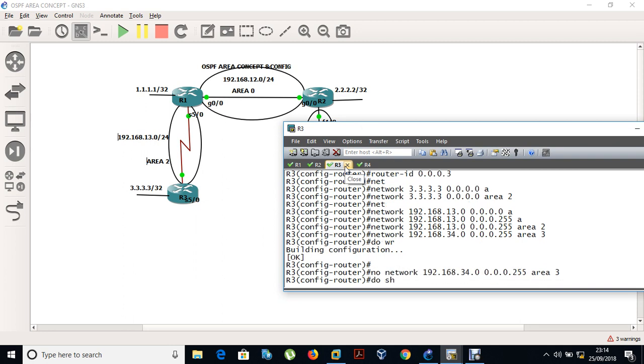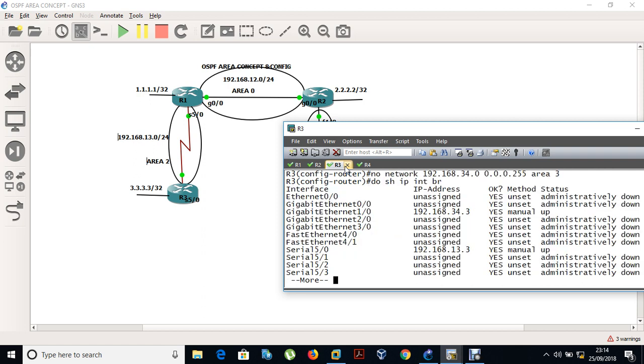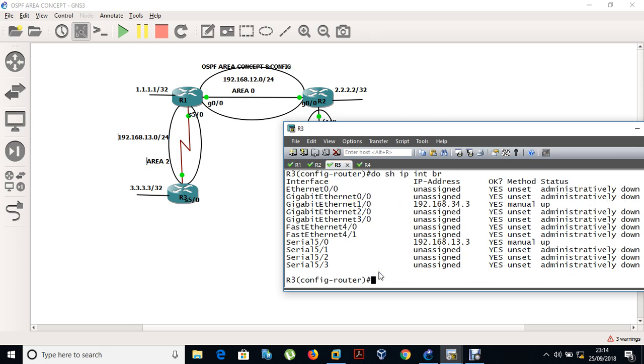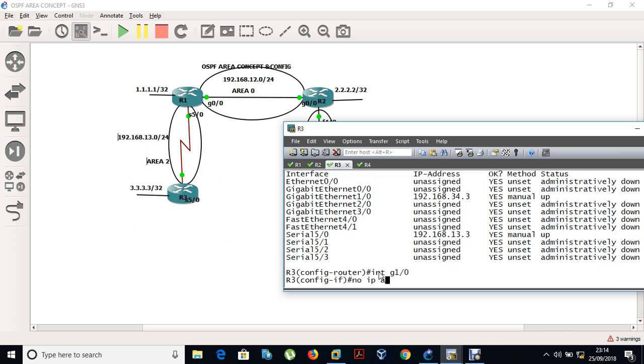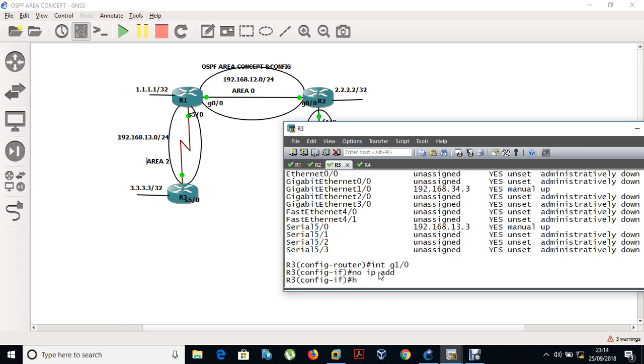So do show IP interface brief. Okay. Interface gig 1/0, no IP address, and shut down.